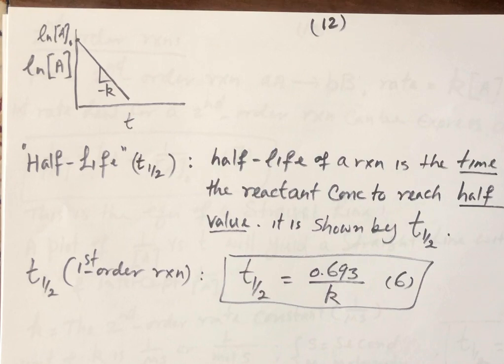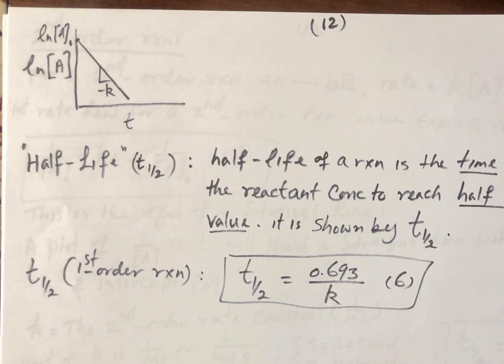Now, we also have to define, in the context of integrated rate law, another term, which is called the half-life. The half-life of a reaction is the time that it takes for the reactant concentration to reach half the initial concentration.